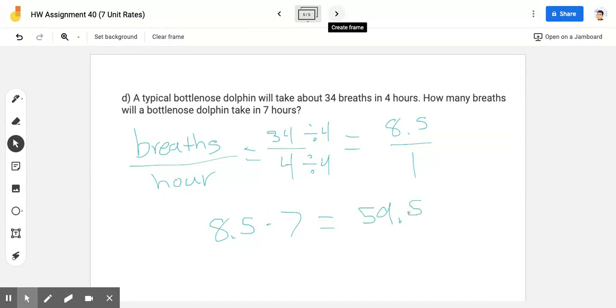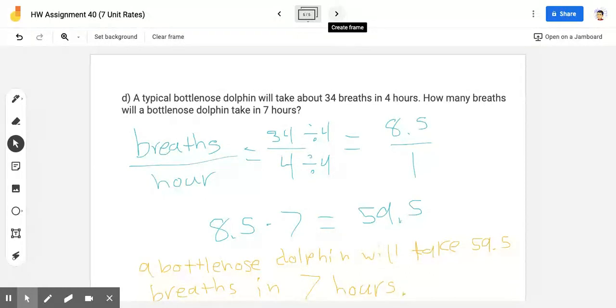So we can say a bottlenose dolphin will take 59.5 breaths in 7 hours. All right, there you have it.